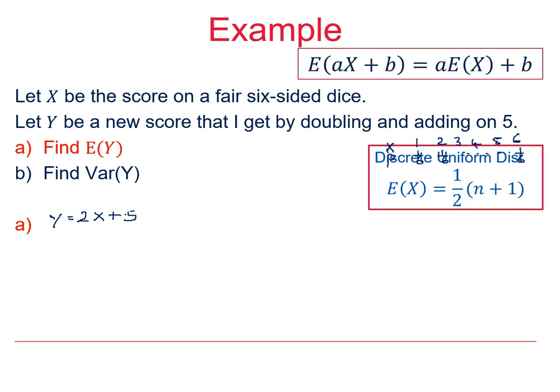And we have a discrete uniform distribution here, so the expectation for x is a half of n plus 1, so 6 plus 1, so that would be 7 over 2. And we know that the expected value of y would be 2 multiplied by the expected value of x plus 5.